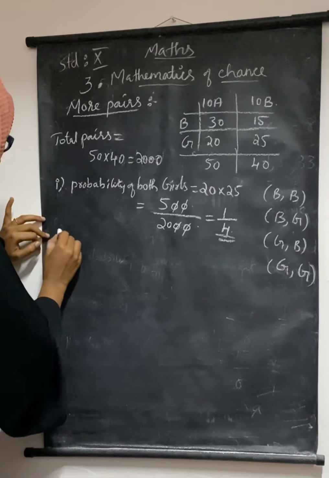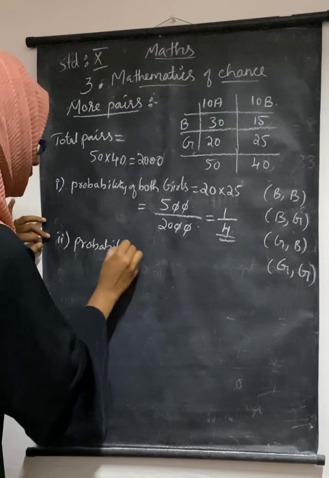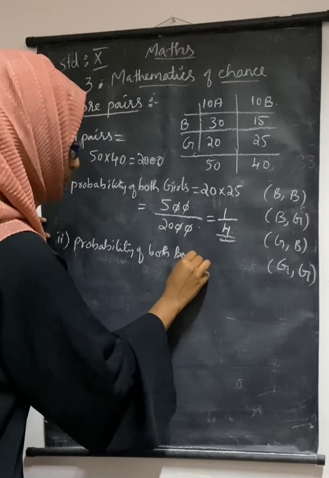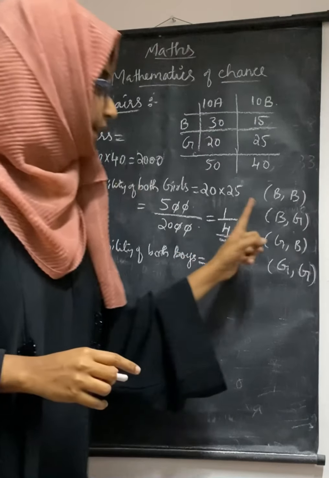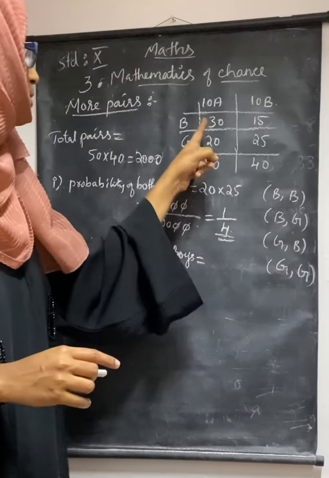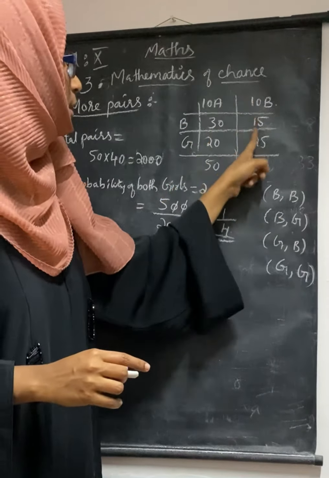Next, the second one: probability of both boys. Both boys means 10th A boy, 10th B boy. Choose 10th A, how many boys are there? 30. 10th B, how many boys are there? 15. So 30 into 15.